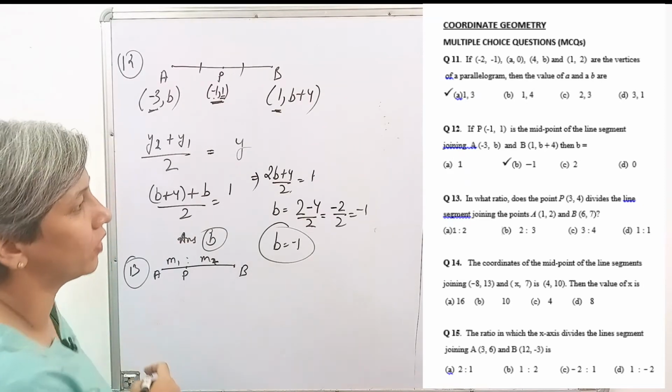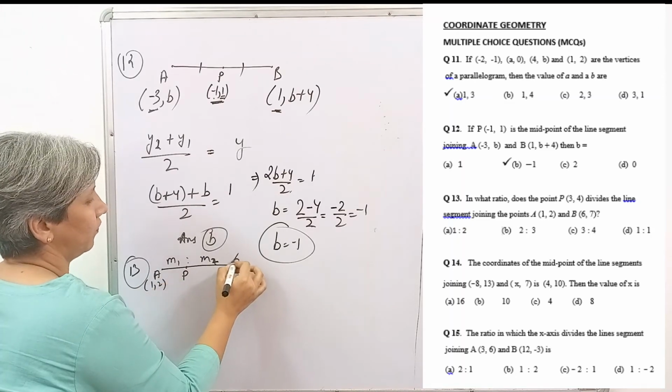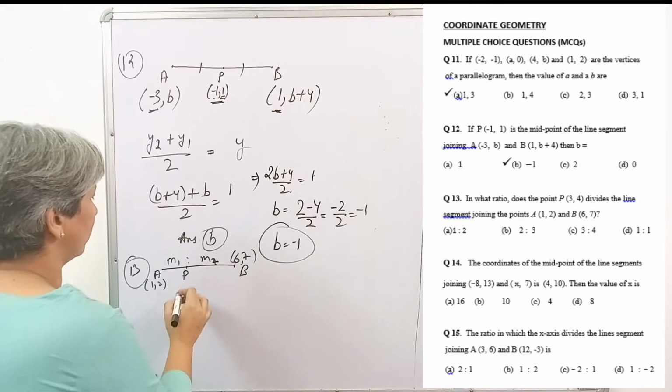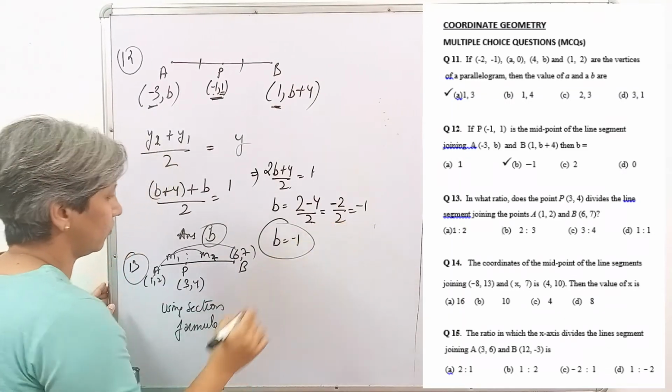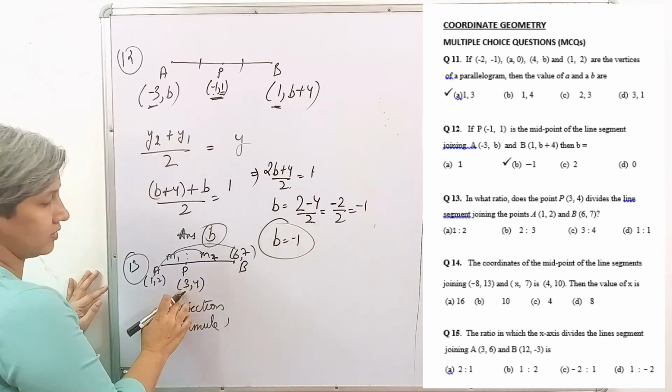A and B are given as (1, 2) and (6, 7), and P is (3, 4). So using the section formula, we'll find x, which is given as 3.